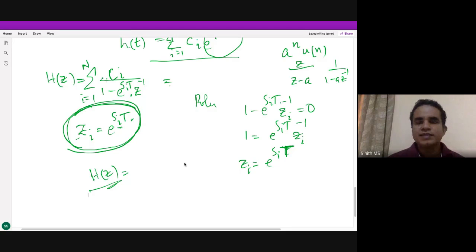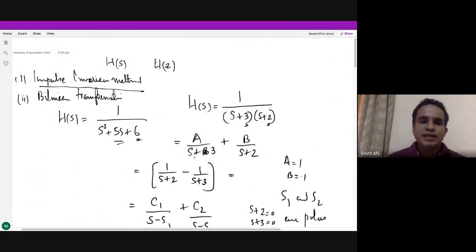So this method is called the impulse invariance method. And the next method, the bilinear transformation, we shall see in the next class. So hope you got the idea with this example.